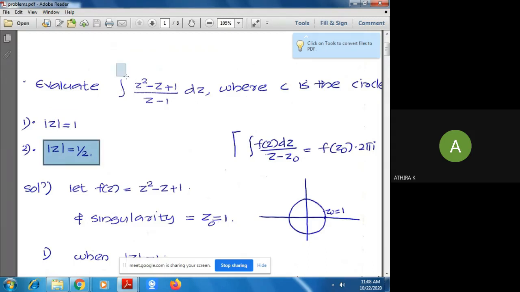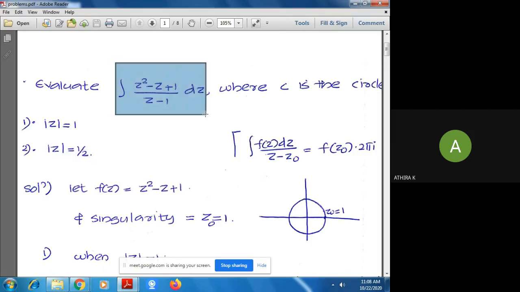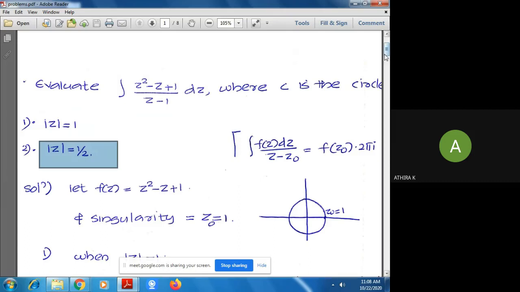We want to find the value of the integral of z square minus z plus 1 divided by z minus 1 dz, where first we evaluate through the circle mod z equal to 1, and second we evaluate the integral through the circle mod z equal to 1 by 2.